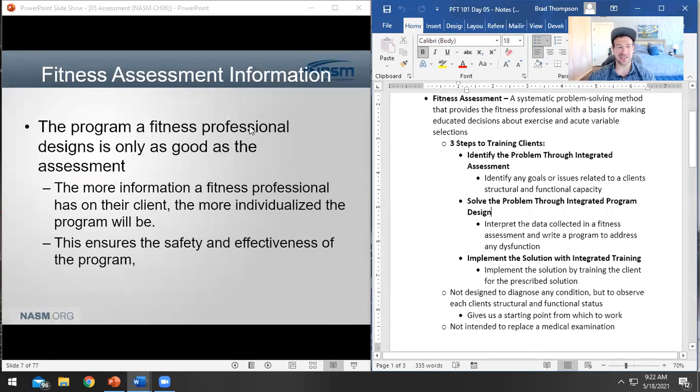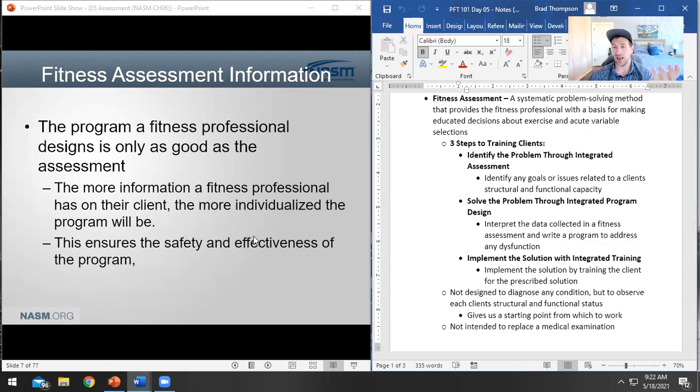Now let's go ahead and break down how we are actually going to use the rest of this fitness assessment. The program a fitness professional designs is only ever going to be as good as your fitness assessment, so it's really important to make sure that you are applying an effective assessment. You've got to go digging around in your client's posture to figure out what's going on, to ensure not only a safe program.